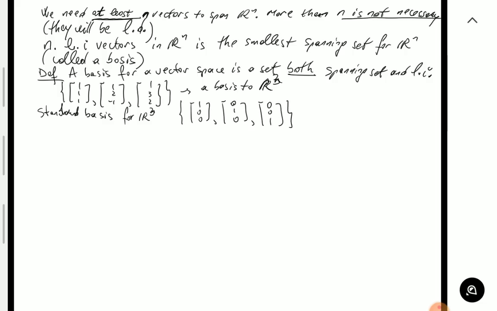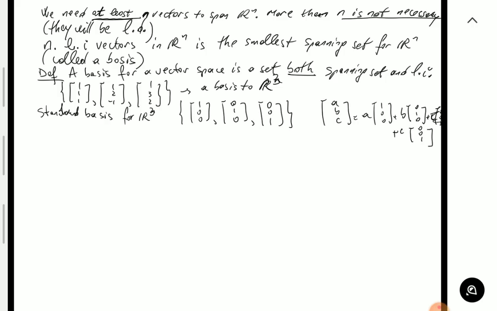Because it's very easy to see that it's a spanning set. Any vector (a, b, c) can be written as a linear combination: a(1, 0, 0) + b(0, 1, 0) + c(0, 0, 1). And it's the right number, because there are three of them, linearly independent clearly, and they span the whole thing.